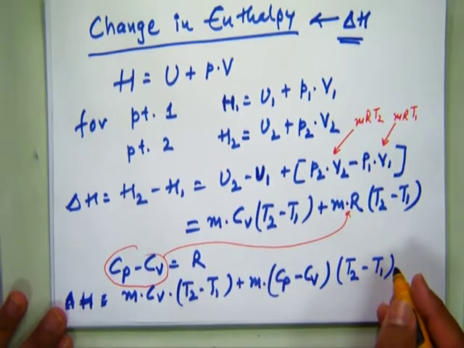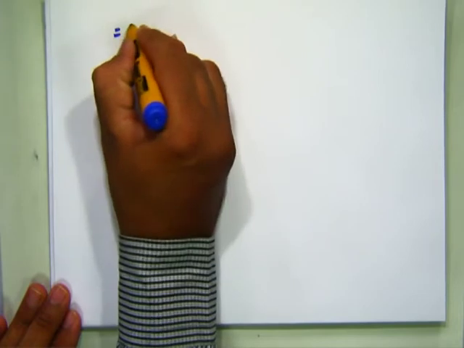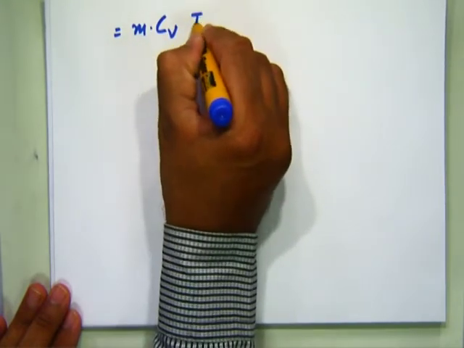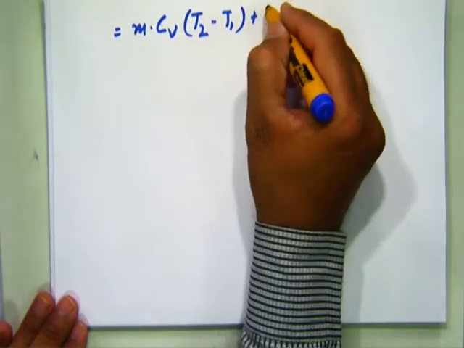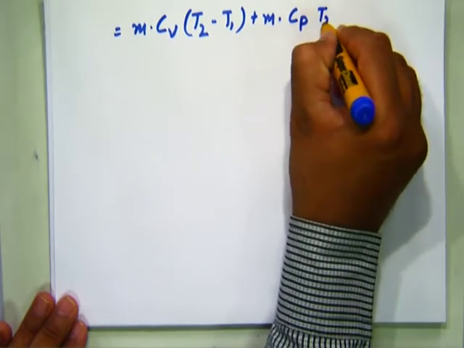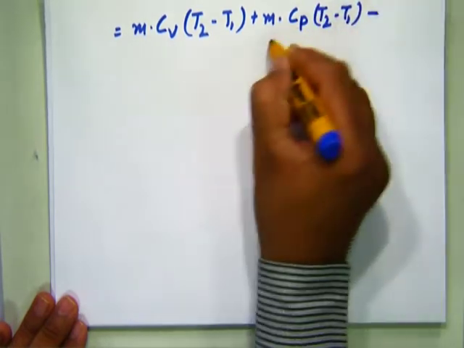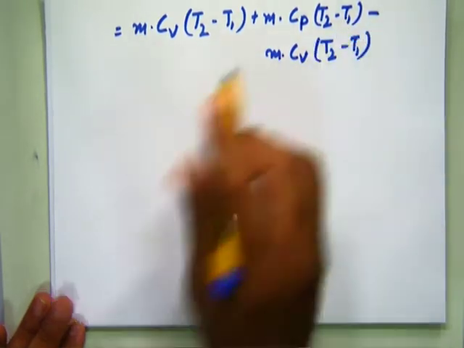Opening this, it is mCp (T2 minus T1) minus mCv (T2 minus T1).